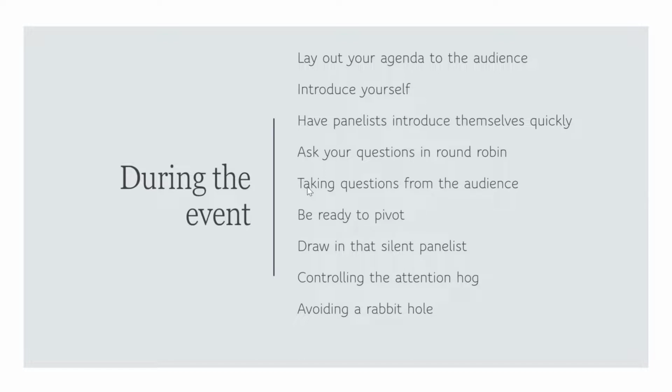When you're asking a question of person 1, it's okay to say, Julie, we're going to come to you next. That gives them a moment to prepare themselves for what they're going to say. If it turns out that they're that kind of panelist, that they're nervous or need more time to get their mental feet under them, preparing for an answer, be ready to pivot, be ready to draw in that silent panelist.